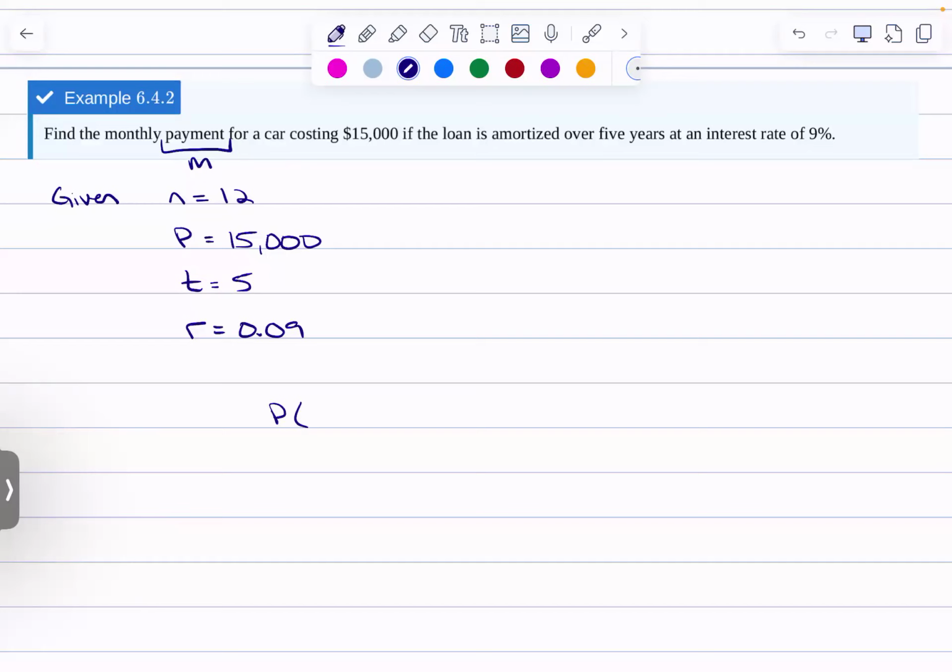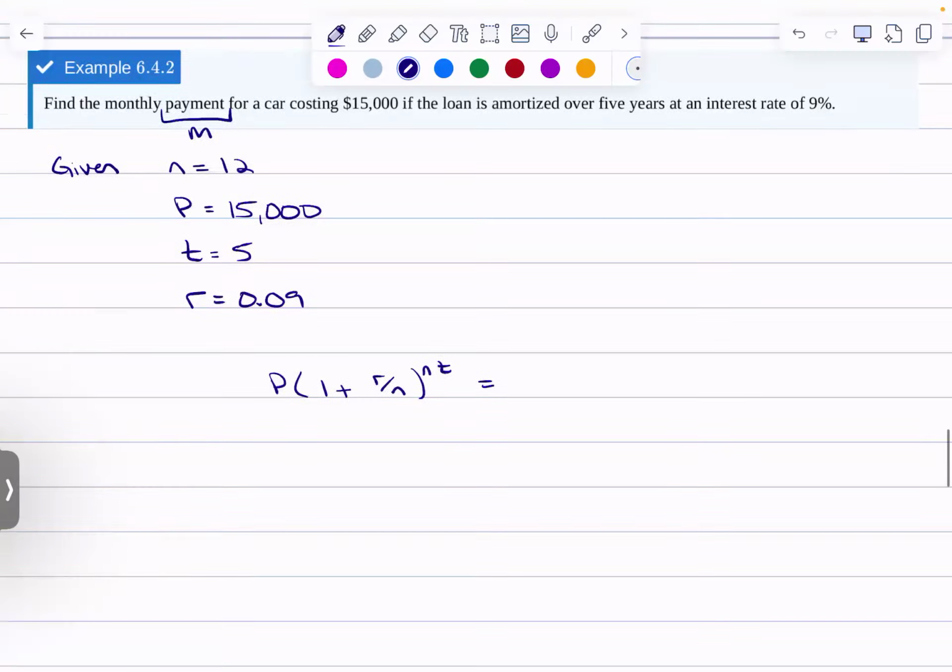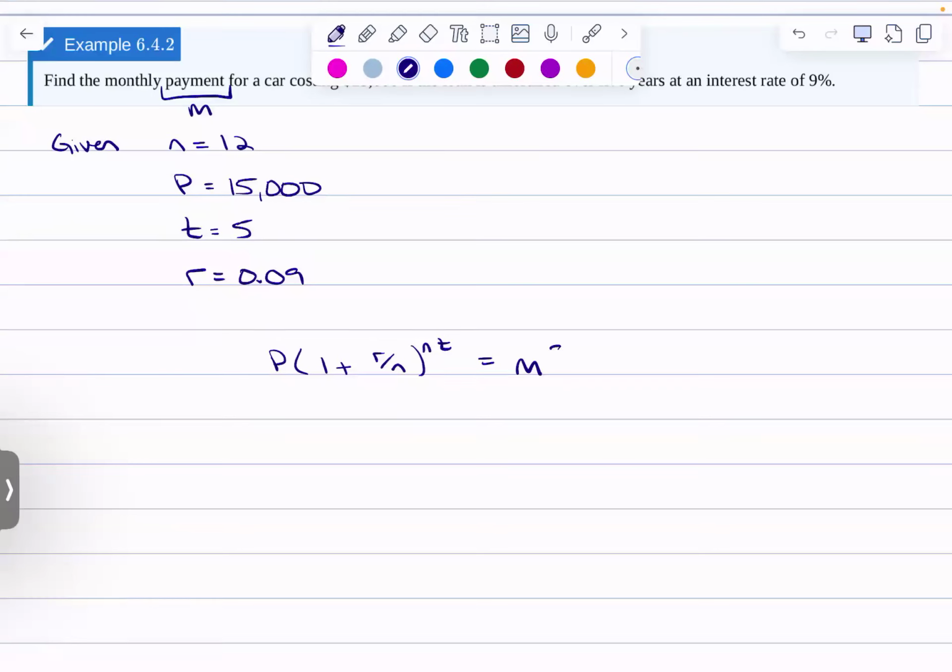P, acting like just regular compound interest, is 1 plus r over n to the n times t, and has to be the same as m times 1 plus r over n to the n times t minus 1, over r over n.